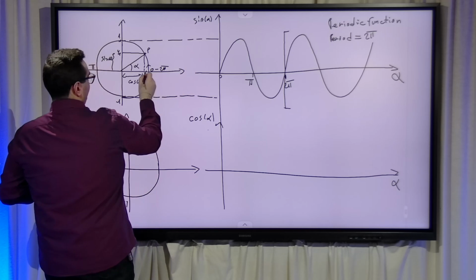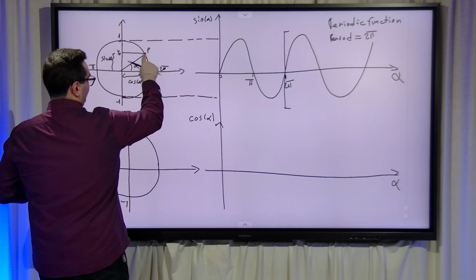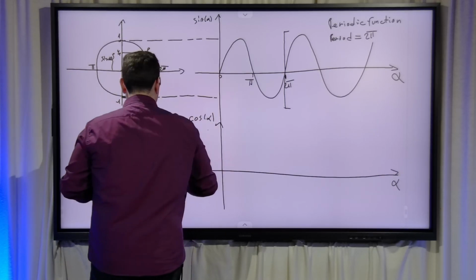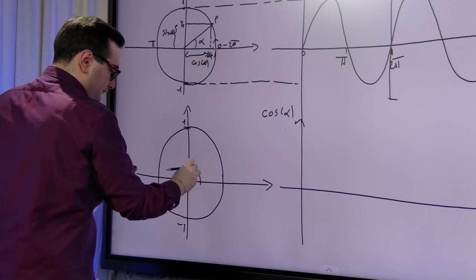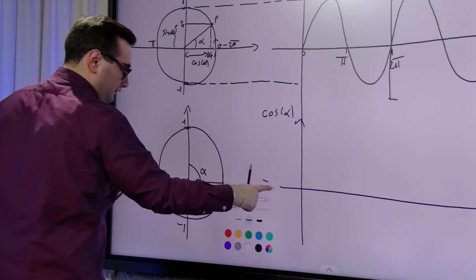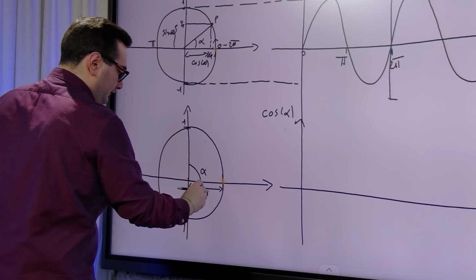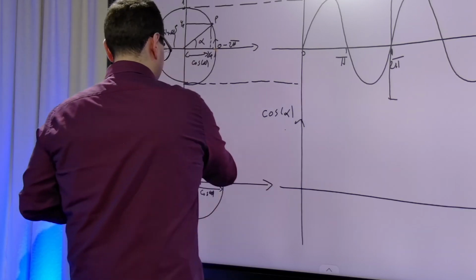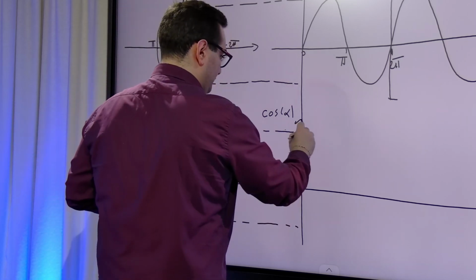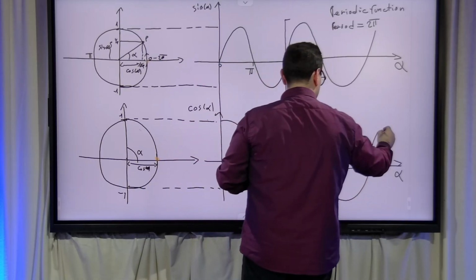Considering the sine, when alpha is equal to 0, the point P is 0. So sine of 0 is equal to 0. But if I consider alpha equal to 0, so this point here, the cosine is equal to 1. So the cosine starts from 1, and so on.